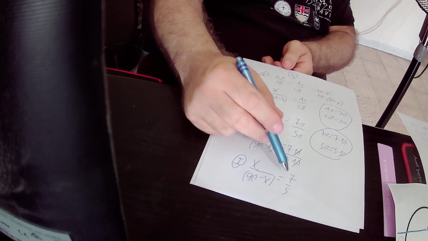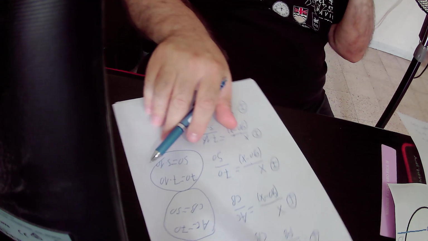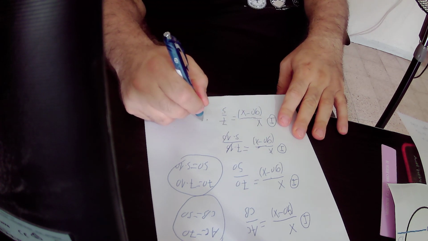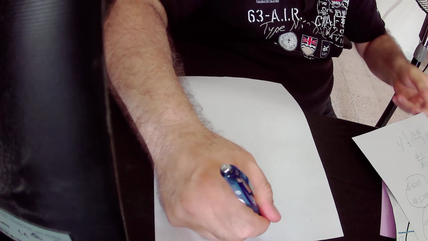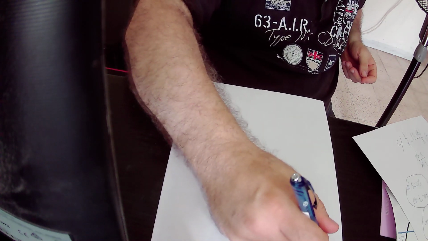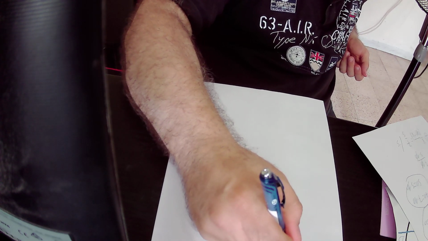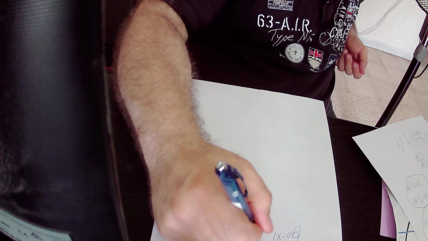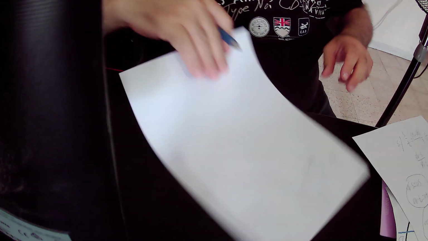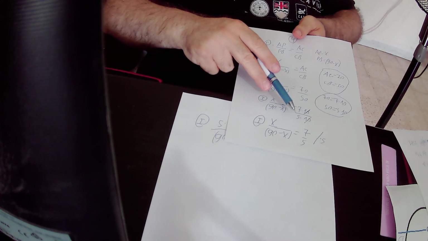Here we can multiply both sides of the equation by 5.